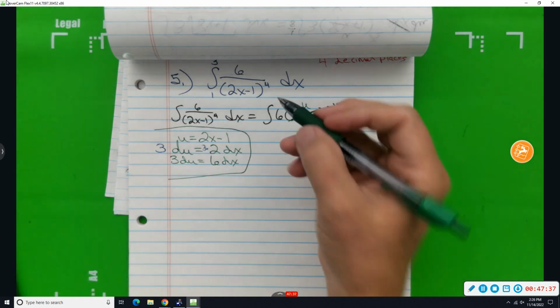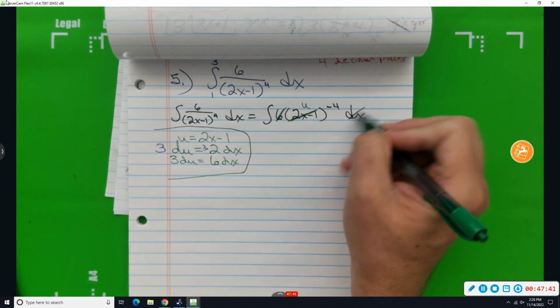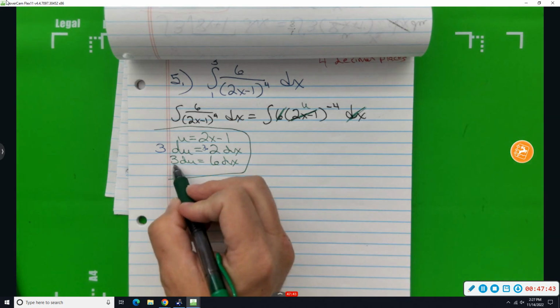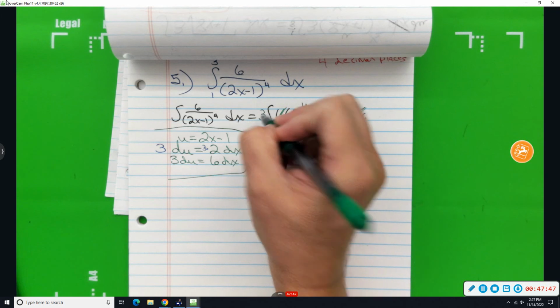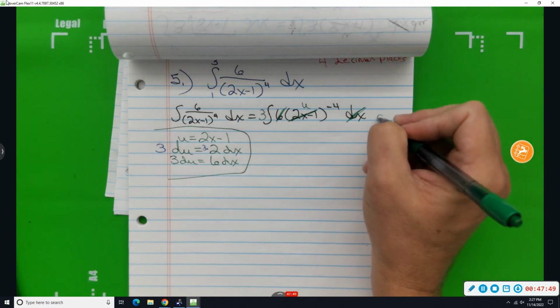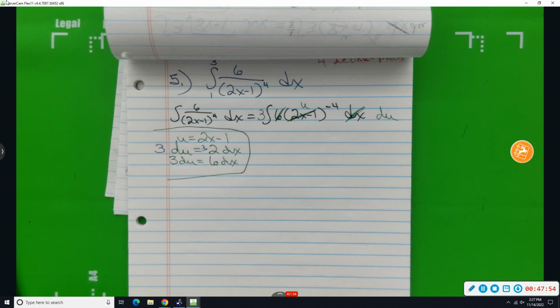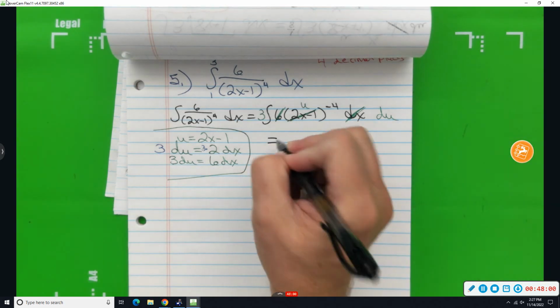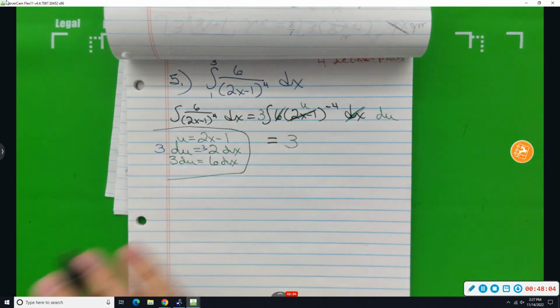So we're going to replace the 6 dx with the 3. Where does the 3 go? In front, that's right. And the du goes at the back. Gosh, that's messy. So we have a 3 in front of the integral symbol.